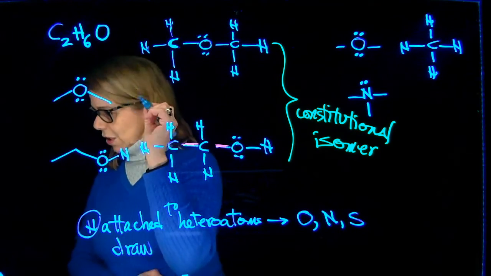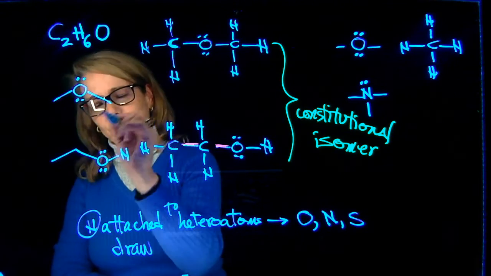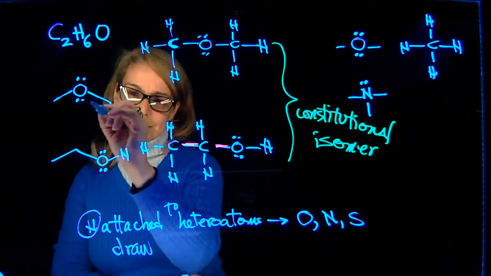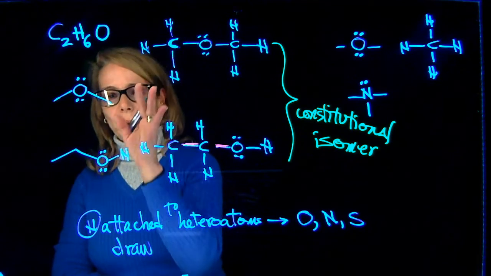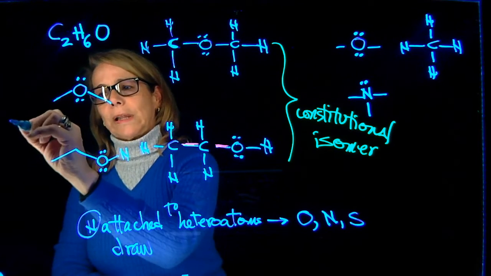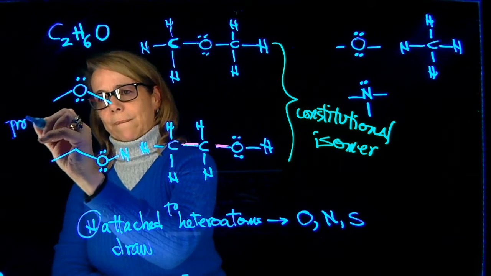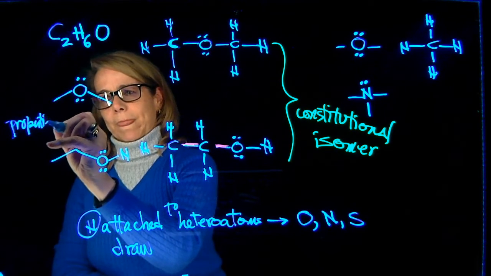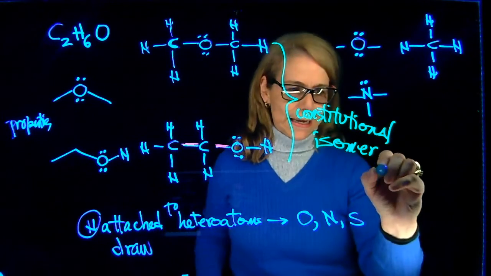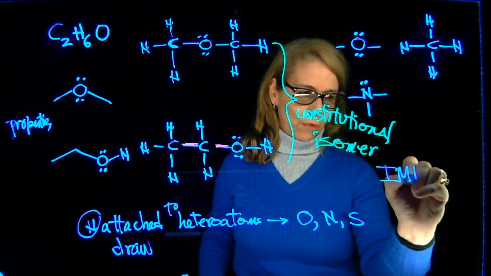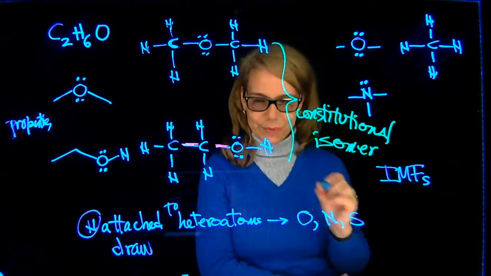So the molecular structure is important, because not only do we know the shape of these molecules, but it is related to molecular properties. And remember, you learned about intermolecular forces before in your previous course.